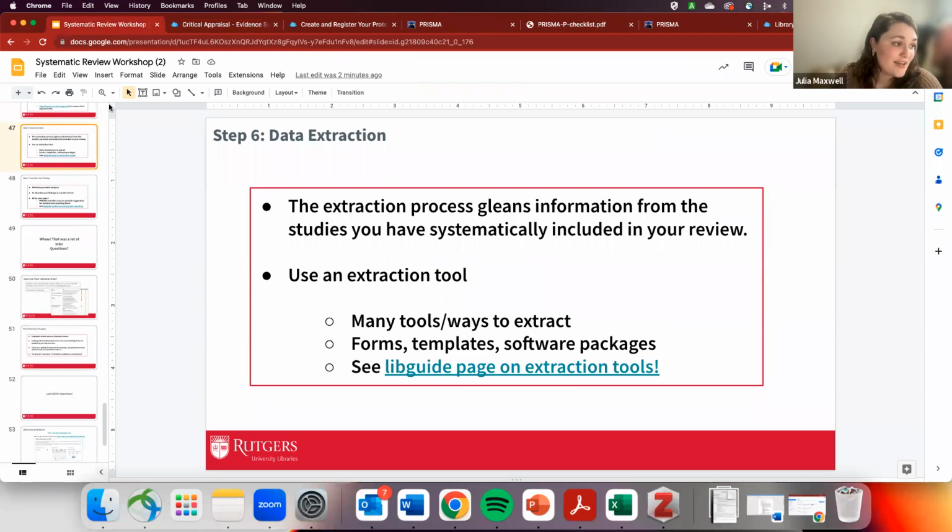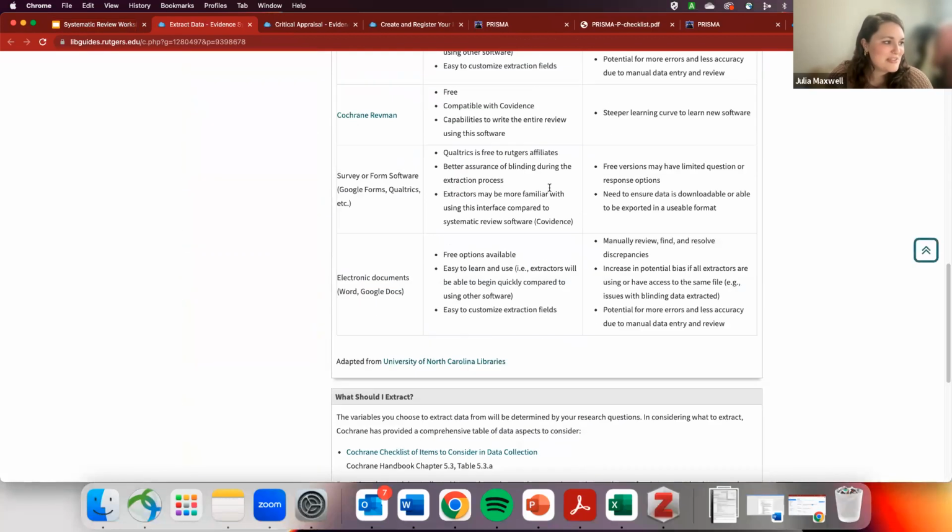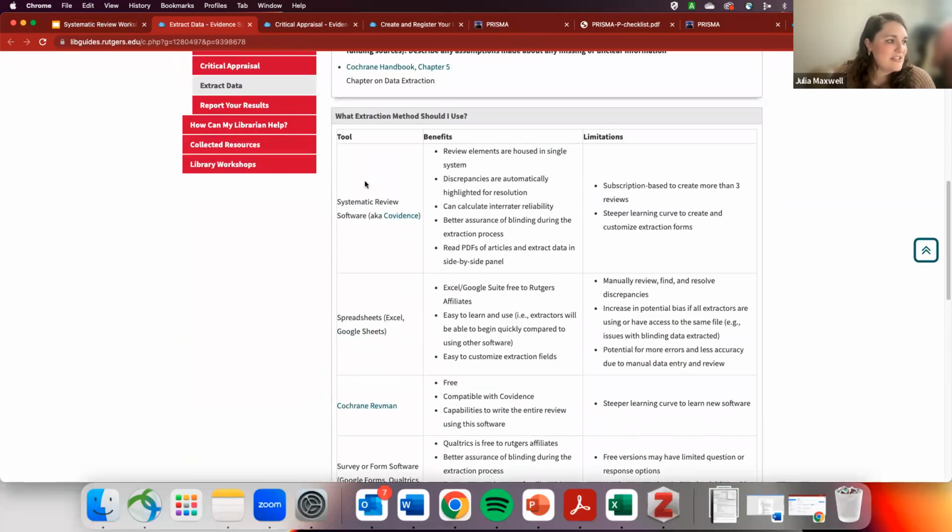Then you extract your data. For the extraction process, you decide as a team what you want to pull from each study. You pull the data. Like everything, there's a lot of different tools. I've seen people just use a spreadsheet. I've seen people get a software package for extraction. Again, there's a page on the LibGuide that has, I feel like I just say that a lot, a page with tons of different things, but we've got this nifty table, right?